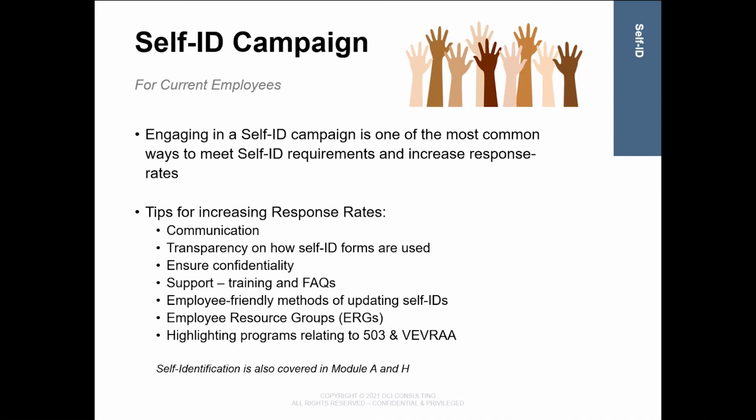Some additional tips for increasing response rates are communication and transparency on how self ID forms will be used, ensuring confidentiality because you want to make employees feel that their data is safe with you, providing support such as training and frequently asked questions, providing employee friendly methods of updating self identification, using employee resource groups or ERGs to spread the word, and last, highlighting internal programs related to protected groups.